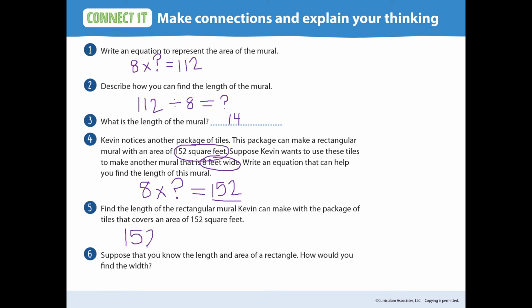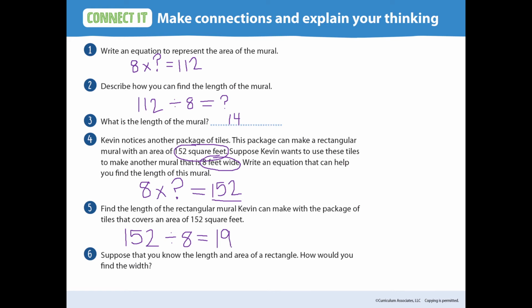So 152 divided by 8 is going to be our equation. So that's 152 total area divided into 8 rows is going to tell us basically how many columns going up and down. So if we have 152 divided by 8, then the length is going to be 19 feet.